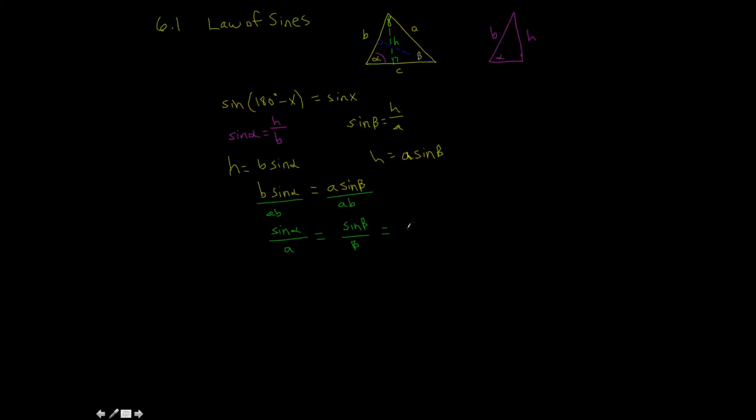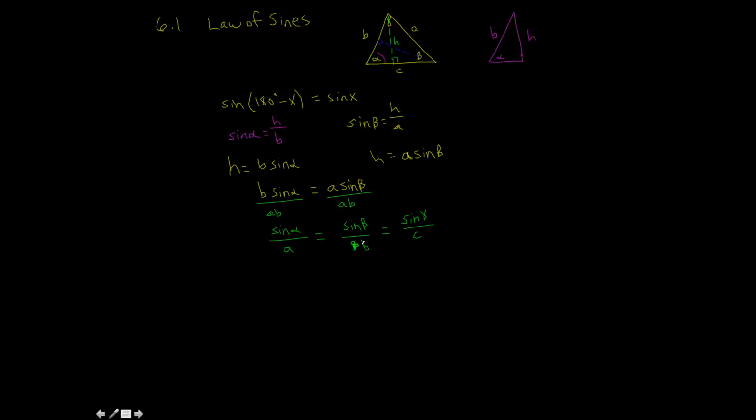And so what we actually get here, the sine of gamma is to side C. Let me write that as B. I don't want you to get confused.